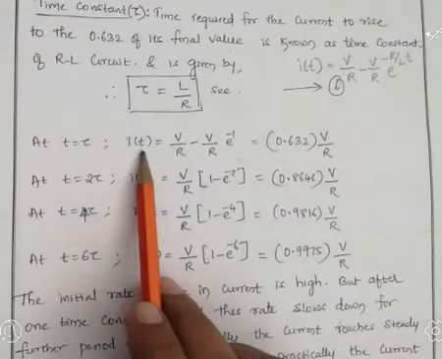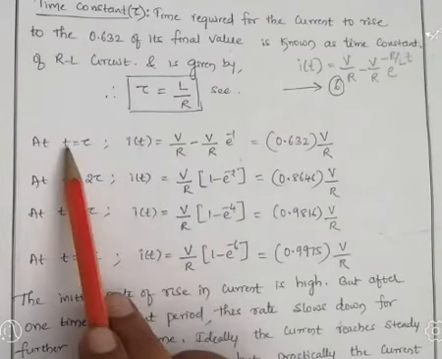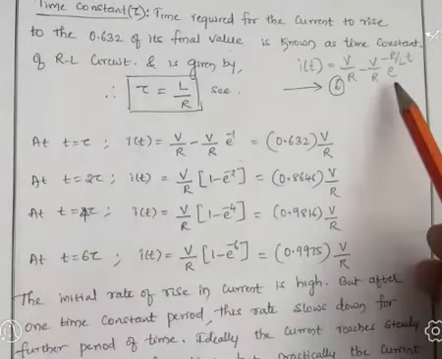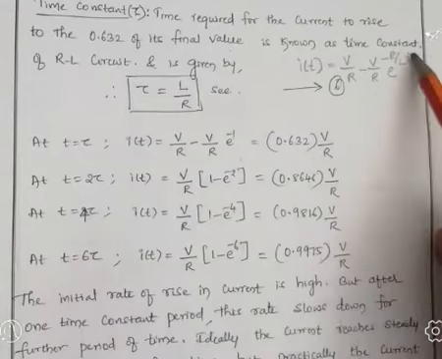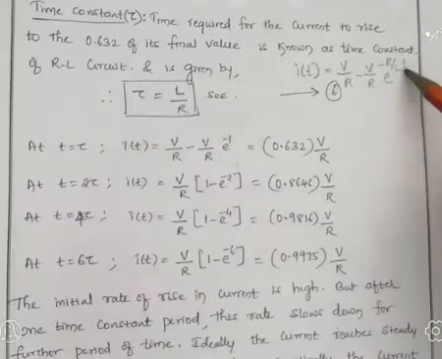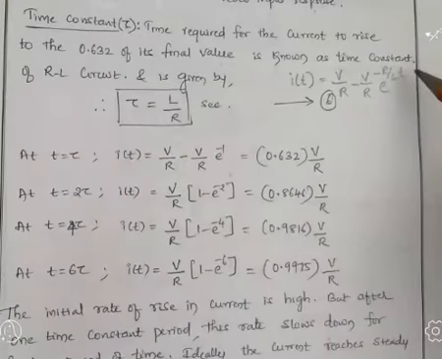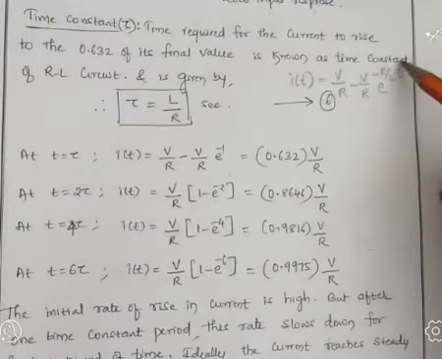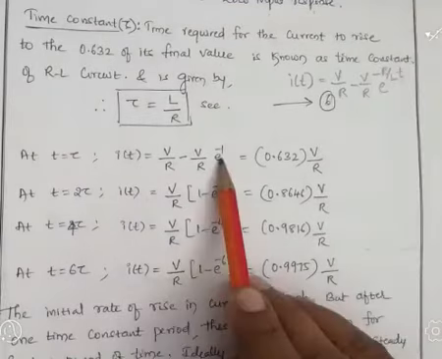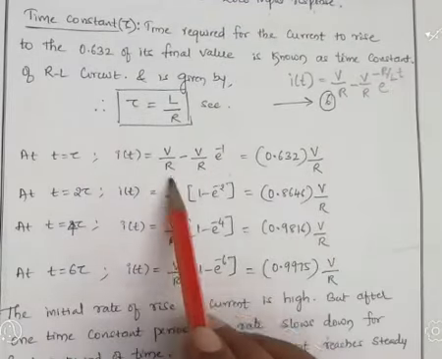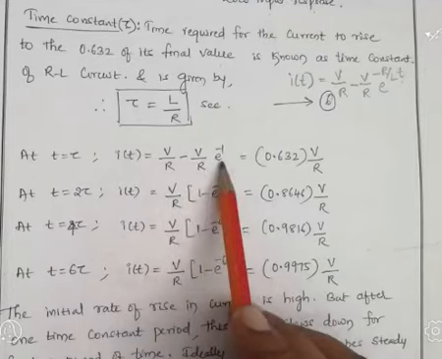First case, we consider time t equal to tau, which means L by R. Wherever t is there, substitute L by R. R by L into L by R cancels, leaving only minus 1. So we get V by R minus V by R into e to the power minus 1.